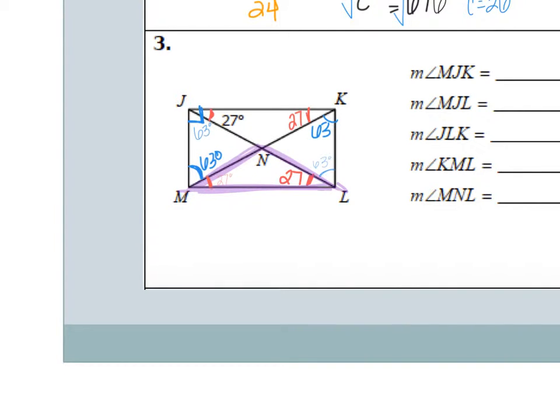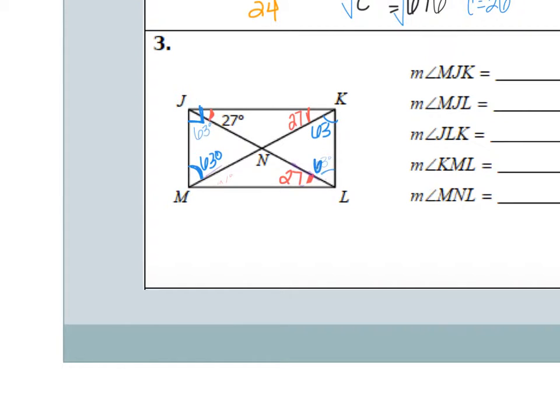Now it's just a question of solving what this question's asking me to solve for. Okay, and I'm trying to erase my purple triangle so that way I can highlight what angle I'm trying to solve for over on our answers.